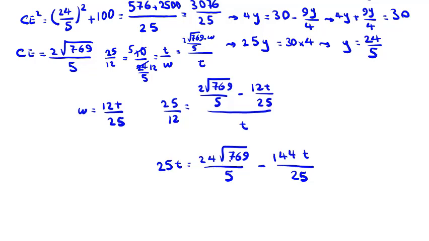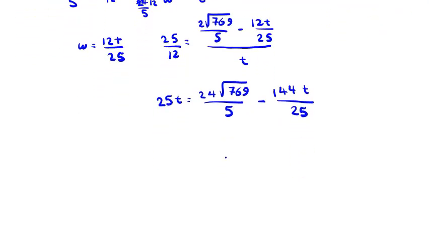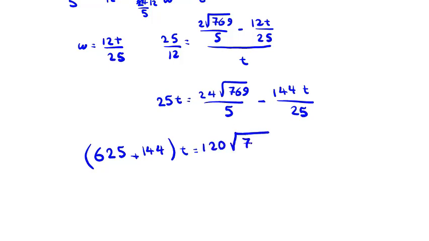Okay, so let's simplify. We can multiply by 25. It will be 625 plus 144T equals 5 times this, 12769. So T will be what? Will be 120 over root 769. So T is this.